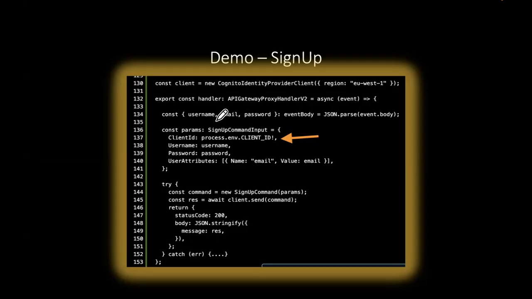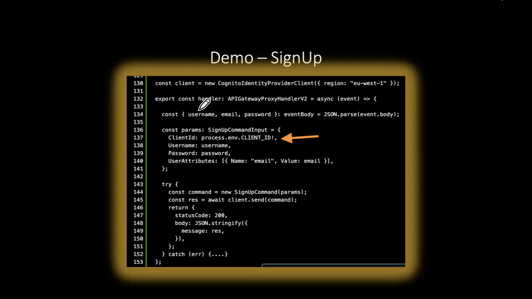What's nice is, Cognito has an SDK, just like DynamoDB has an SDK, and all of the other services have their own SDK. And what's nice is the design of pretty much all of the SDKs that I've seen, they all follow the same kind of programming style. If you remember with DynamoDB, we had to create a command object.